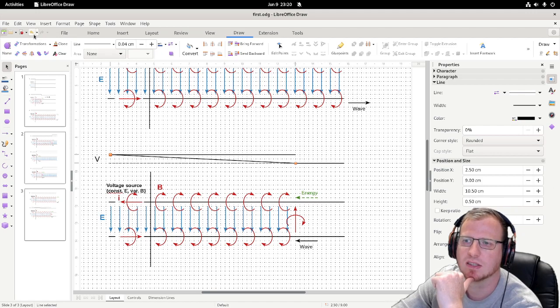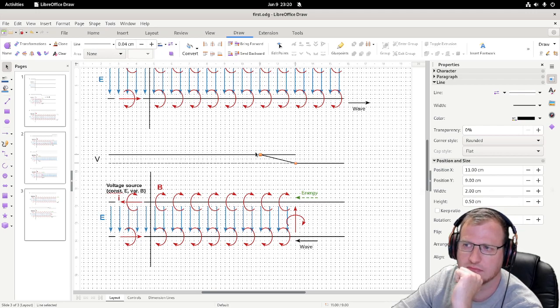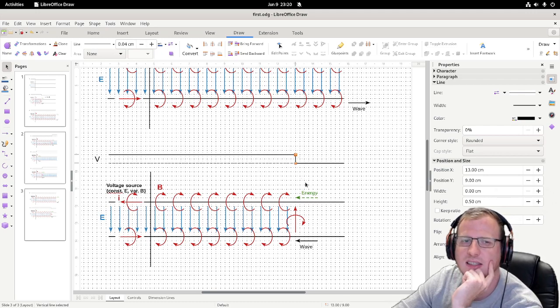But as soon as the rise time is similar or much lower than the traversal time, then stuff is going to be strange.